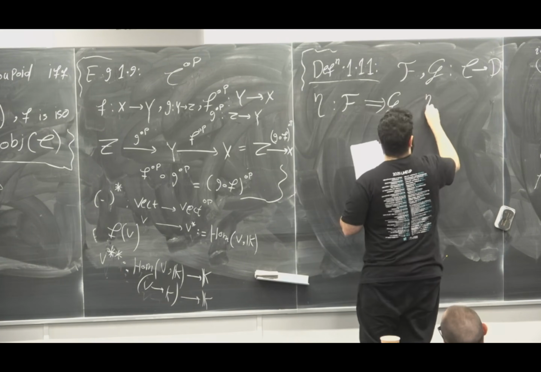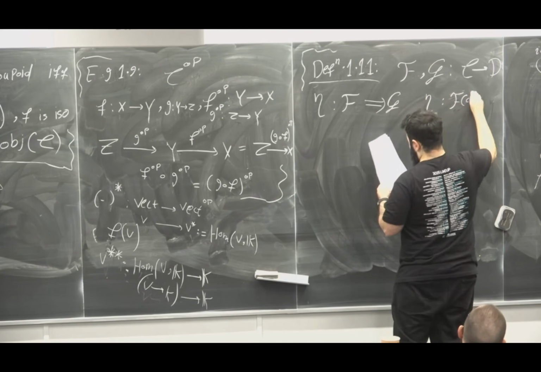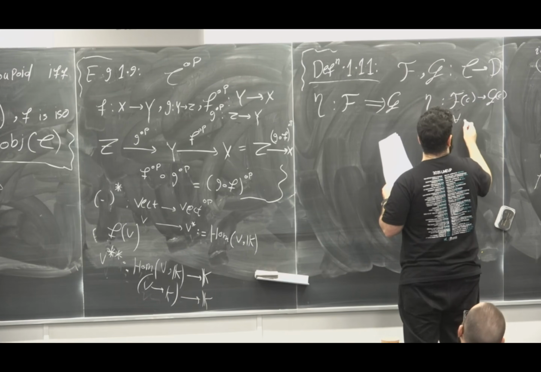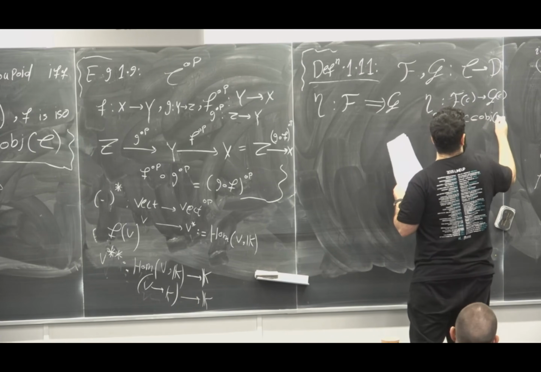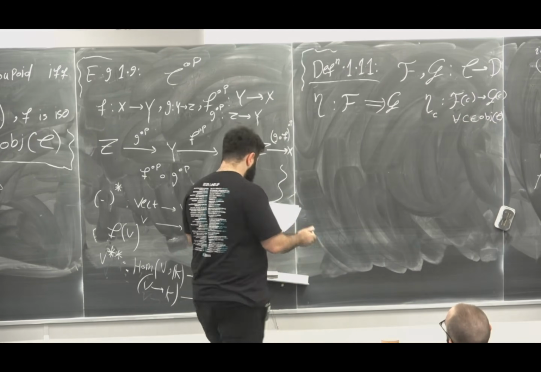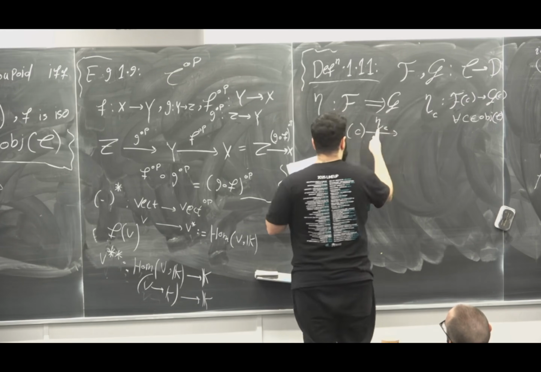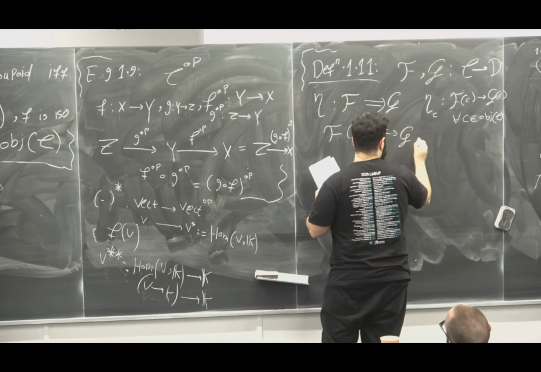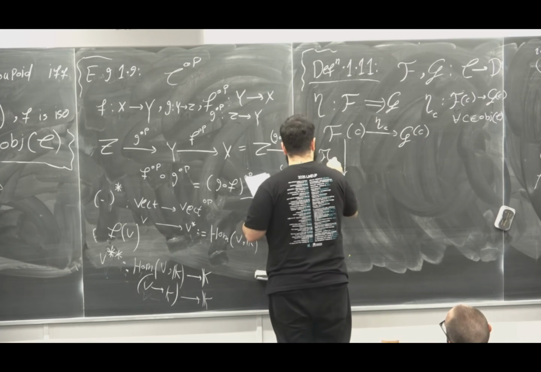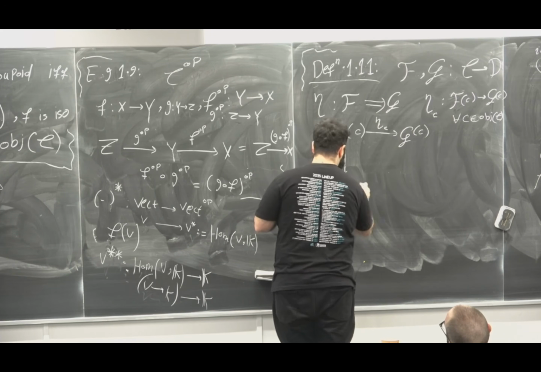It also has, on this category C, for all objects c, a map acting on c to G of c, such that, so this is acting on the category C, and this is in C prime.